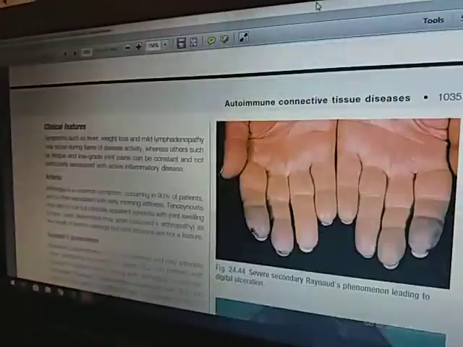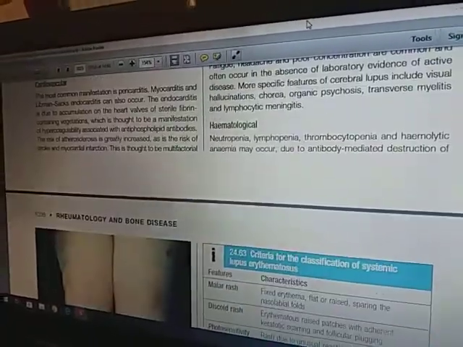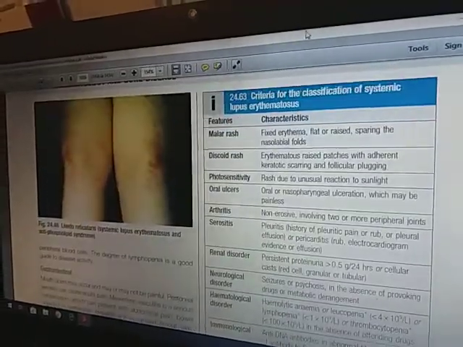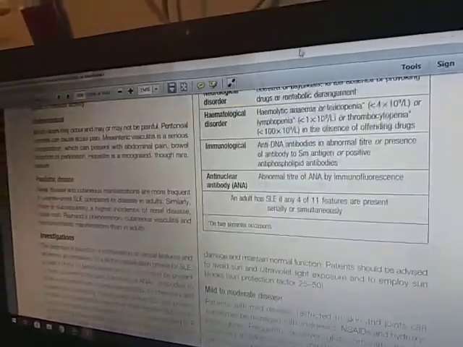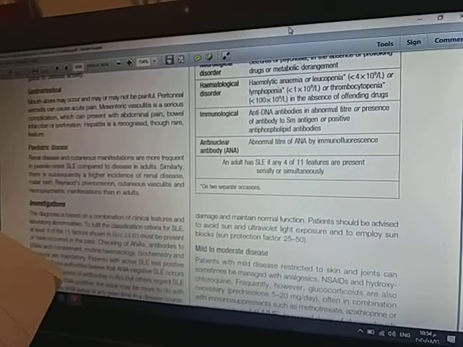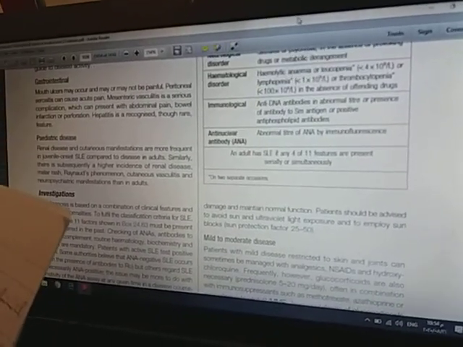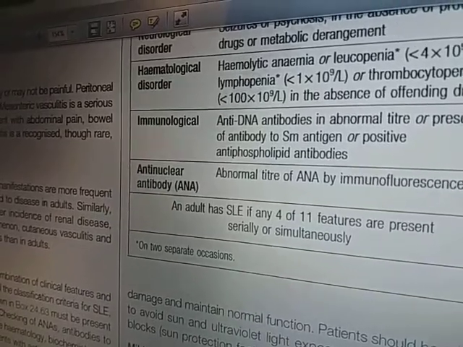Anti-dsDNA is characteristic of severe active SLE, but it occurs only in 30% of patients.